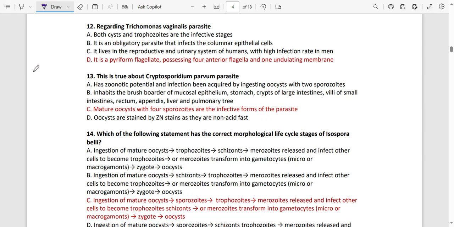It inhabits the brush border of mucosal epithelium, stomach, crypts of large intestines, villi of small intestines, rectum, appendix, liver, pulmonary tree. Mature oocysts with four sporozoites are the infective forms. Oocysts are stained by the zinc stain as they are non-acid fast. So I can mention something real quick on here.